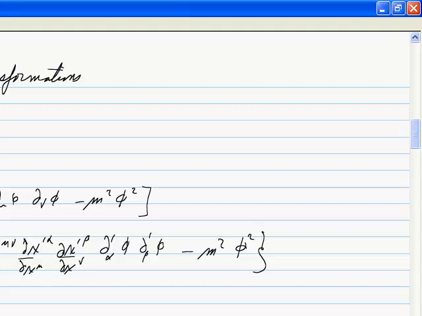If we want that to be an invariant, you can see we have to do a couple of things. And the obvious thing that we're going to have to do is, so normally under usual Lorentz transformations, this is an invariant, and that's an invariant. So that's the Jacobian of the Lorentz transformation. Usual Lorentz transformation is 1.